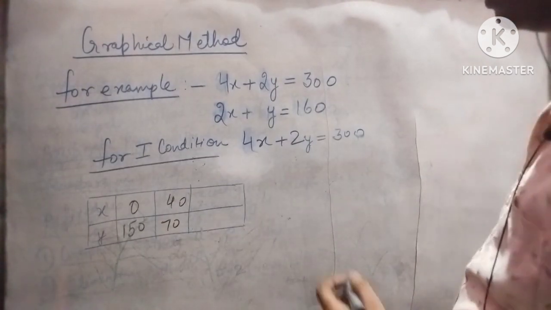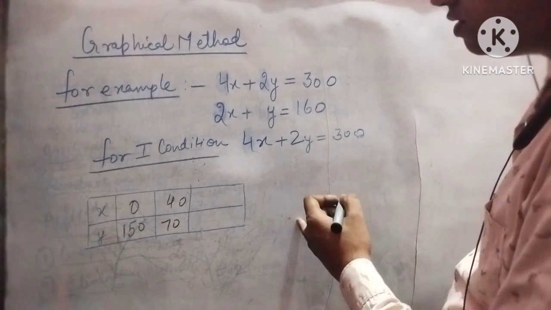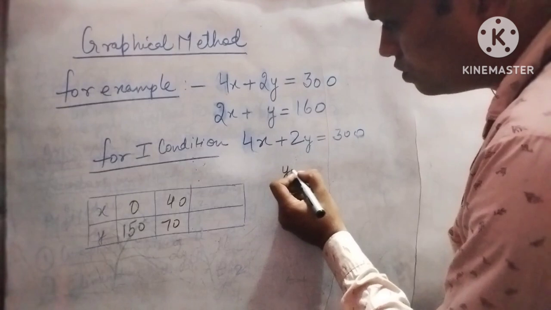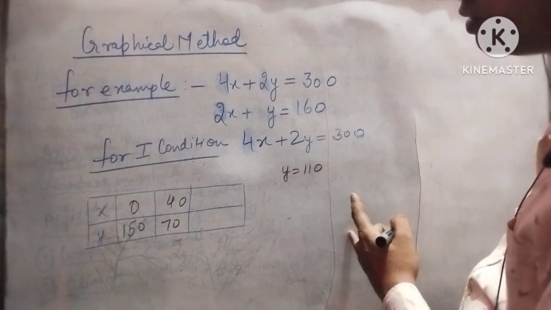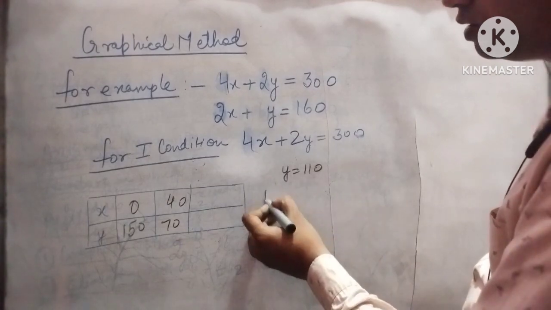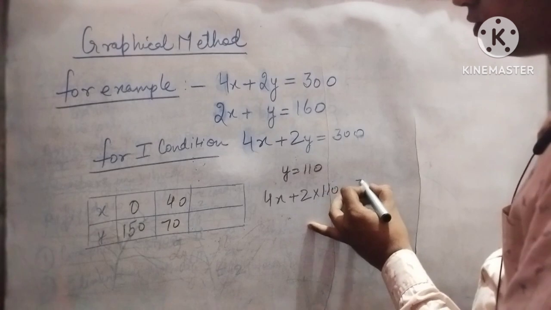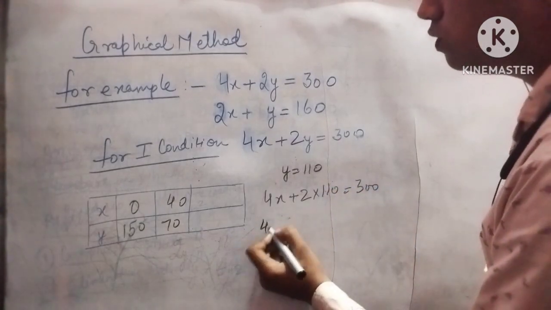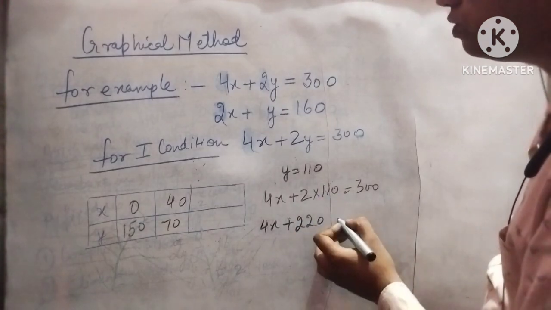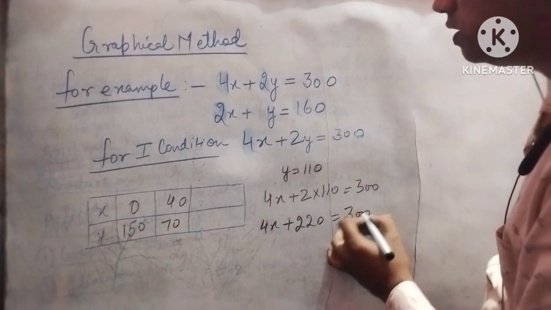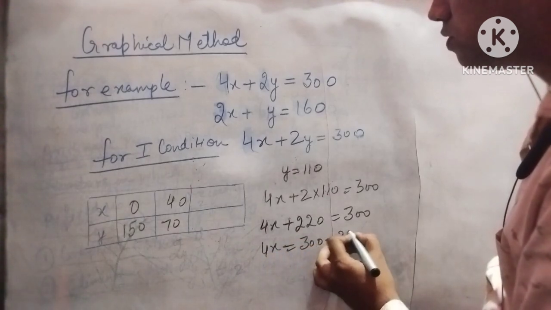Now for the third one, if we are taking the value of y as 110, or y equals to 110, so then what will be the value of x? For that we have to find out the solution. So 4x plus 2 multiplied by 110 equals to 300. So then 4x plus 220, because 11 into 2 is 22, equals to 300. So 4x equals to 300 minus 220.